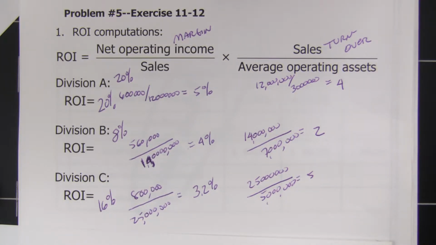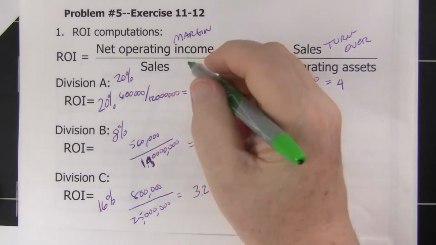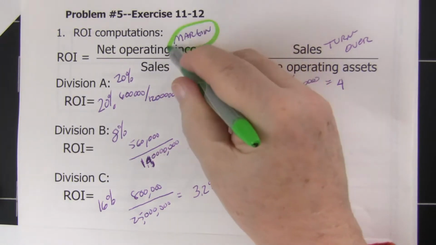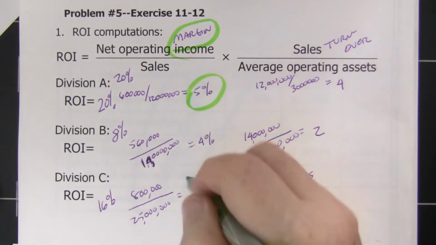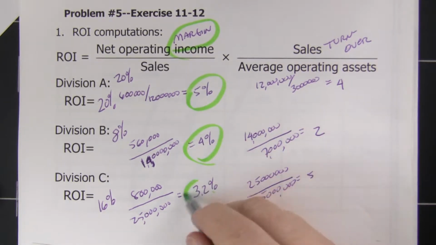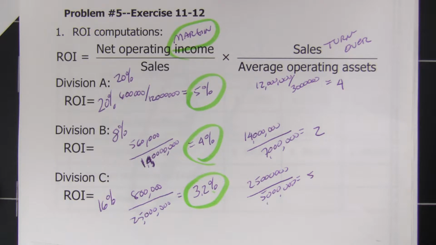So, margin, I'll circle in green. Turnover, I'll circle in orange.